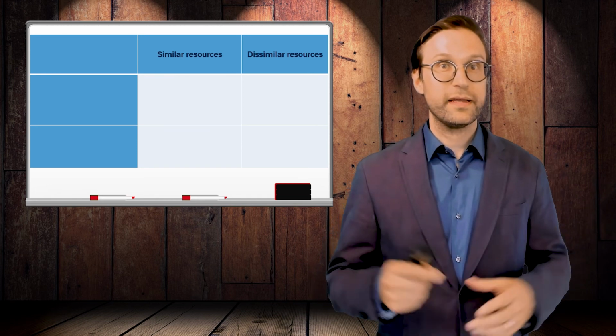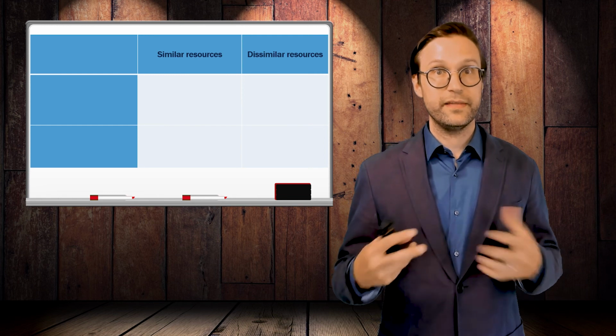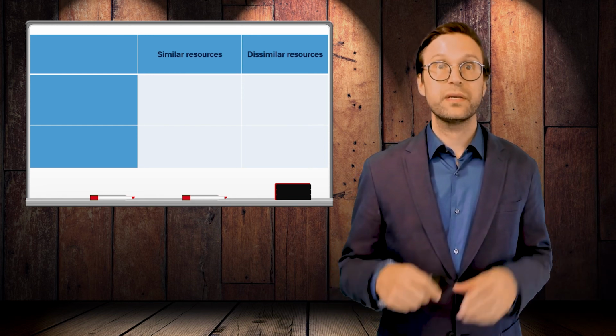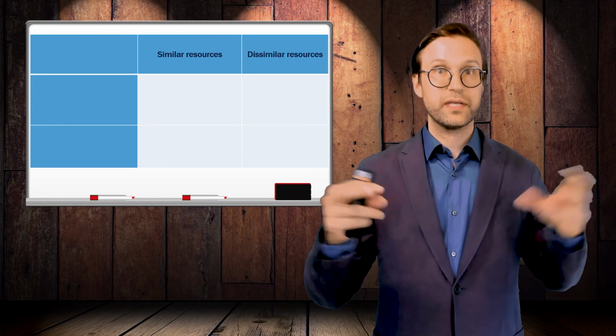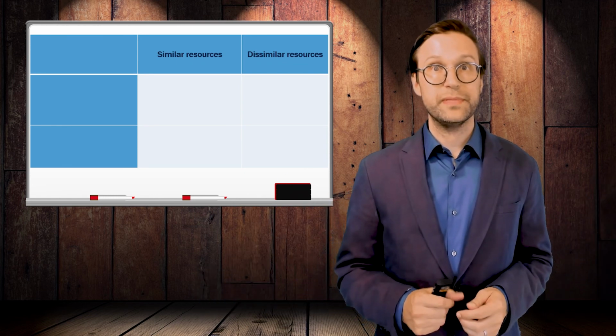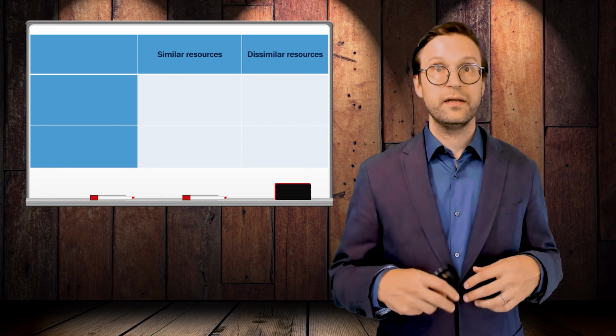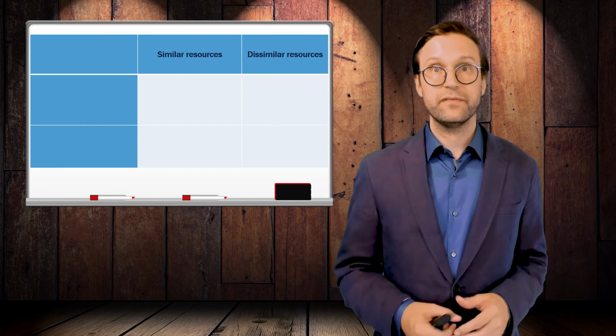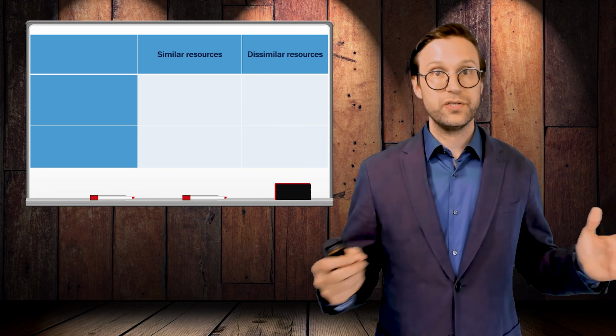A very important thing to remember, again, about this framework is that this resource similarity is talking about the similarity of resources that are being brought together or shared between business units in order to create value. It's not about the overall resource base of 2 companies or 2 business units.